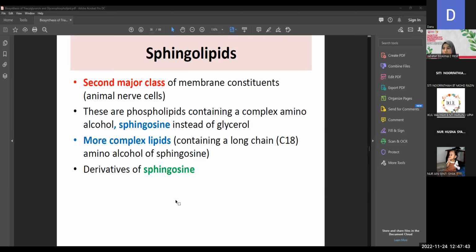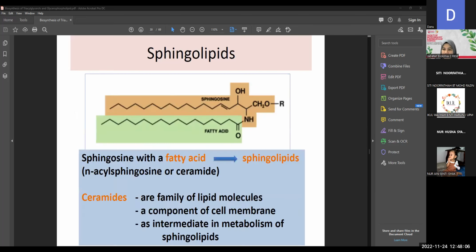It has this complex amino molecule, which is sphingosine. It's a more complex lipid with a very long chain, carbon 18 and more. Basically, sphingolipid is a derivative of sphingosine.